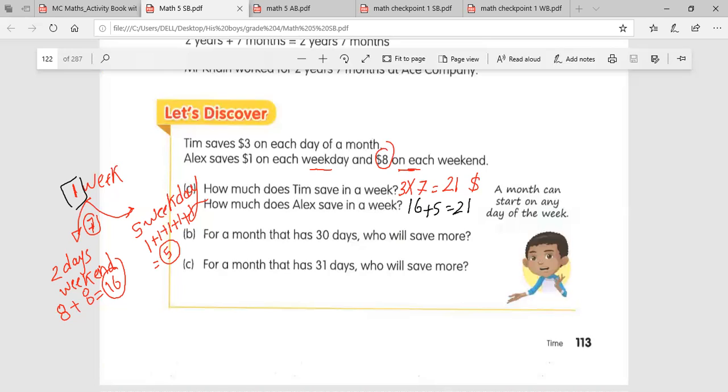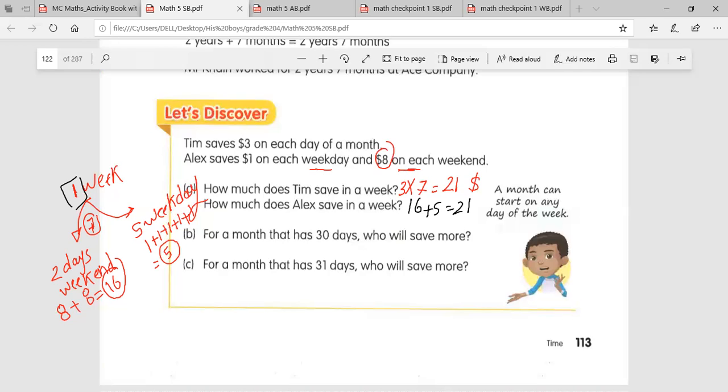If I ask you how many weekends are in a month, meaning how many weeks, you have a problem. Why? He asked you about 30 days. First of all we have 30 days, and he asked you after that about a month.